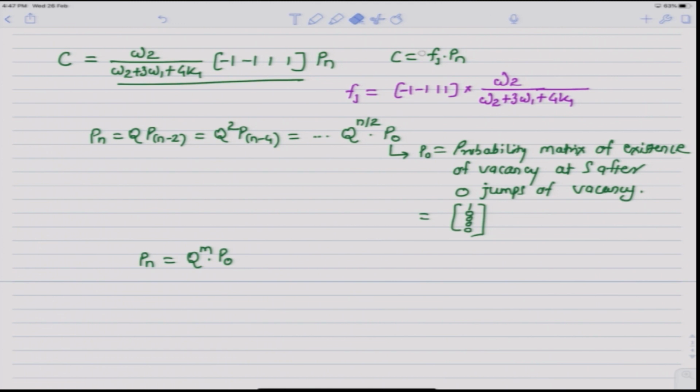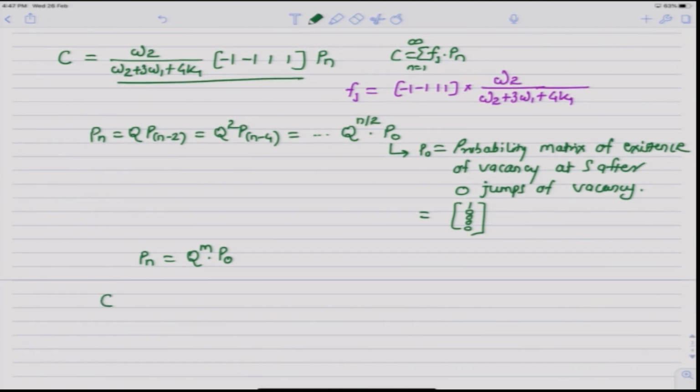So, we have to take actually a summation for n equal to 1 to infinity. So, we can write the expression for C as C equal to summation n equal to 1 to infinity F1 times Q to the power m times P0.